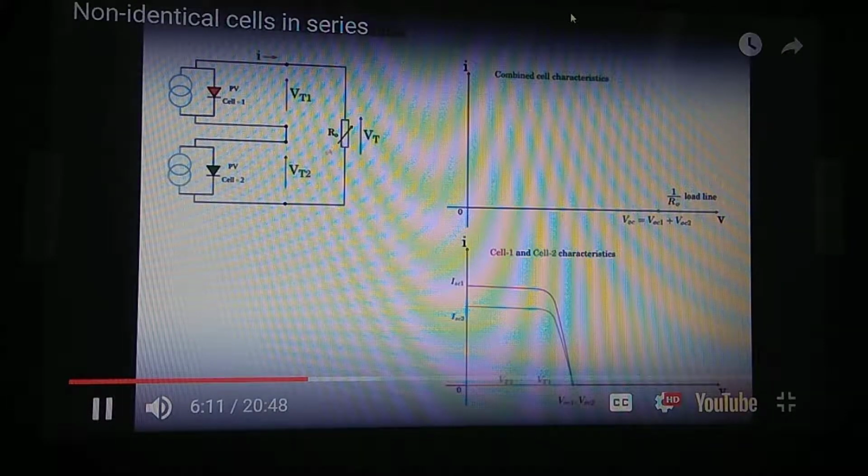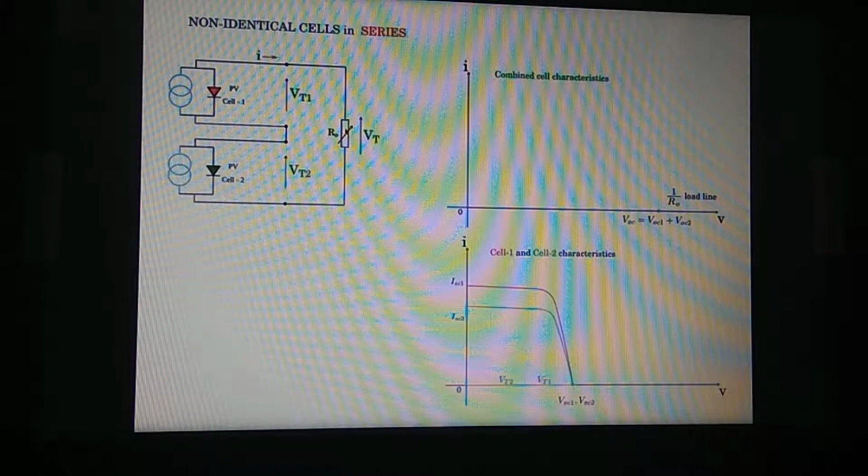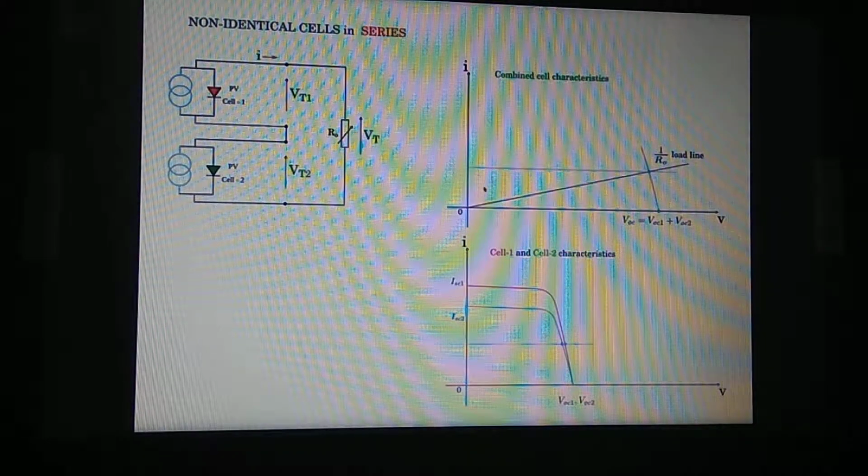Now let us change the value of R0. From open circuit, we will put in some finite value of R0, and if we do that, let us say that some current flows. This is the current line.